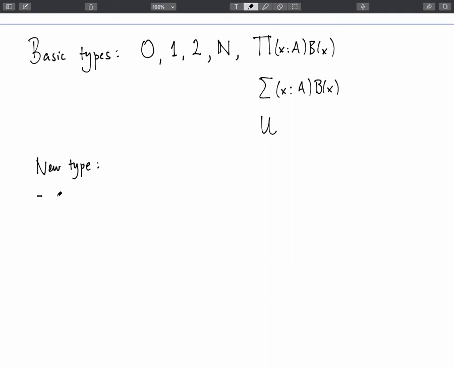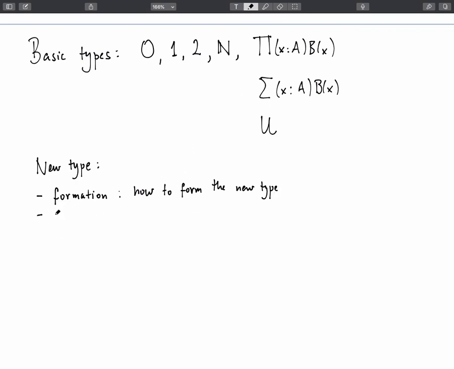First you give what is called formation. Formation explains how to form the new type. You will see later on what this means when we have answer types.